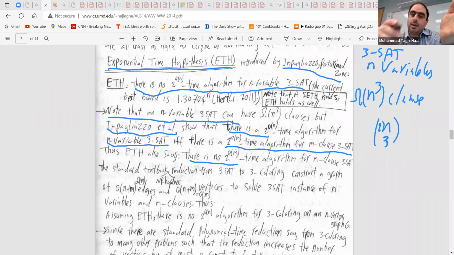So in the ETH, we are talking about the number of variables. We say there is no 2 to the little o of n algorithm. But as I mentioned, m, the number of clauses, can actually be omega of n to the 3. Because of this theorem, this if and only if, it says that there is no 2 to the little o of m time algorithm for m clause 3-SAT as well.